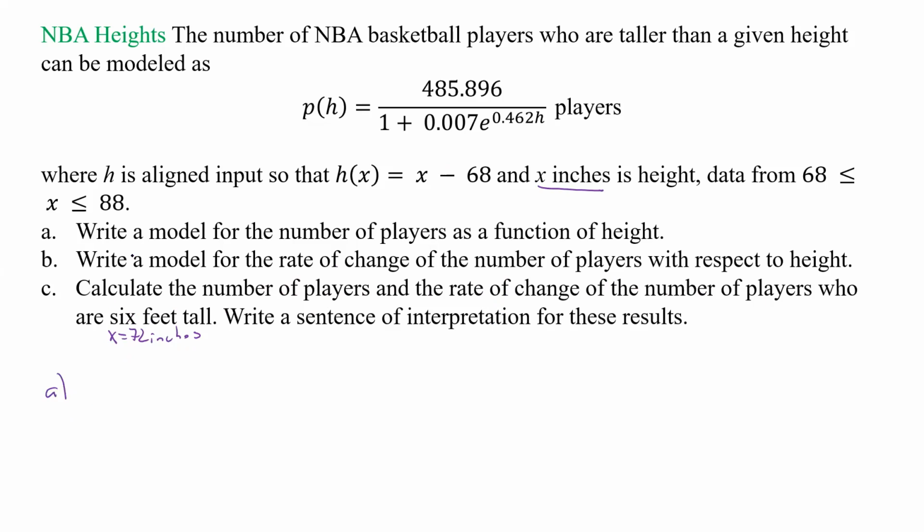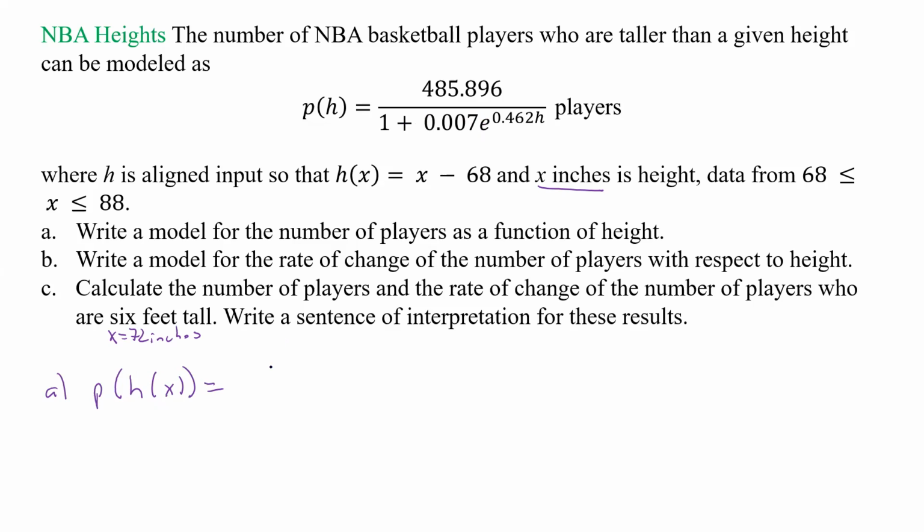For part A, we're supposed to write a model for the number of players as a function of height. P is the number of players, so we're going to have P of h of x. We plug in h of x for the h up here.